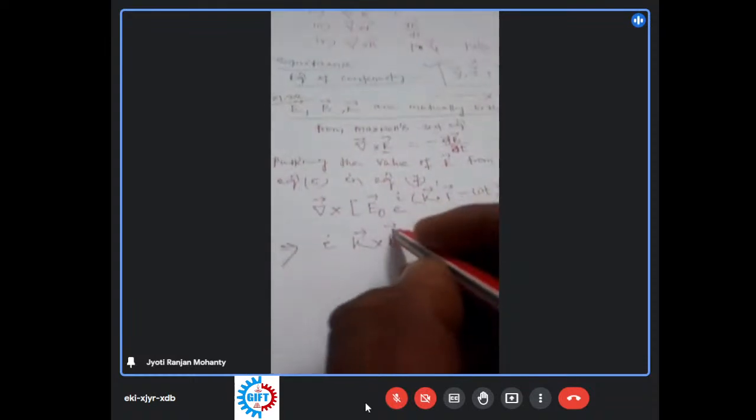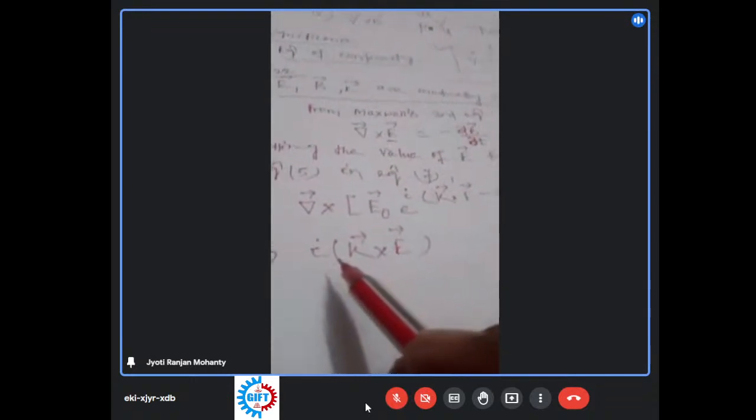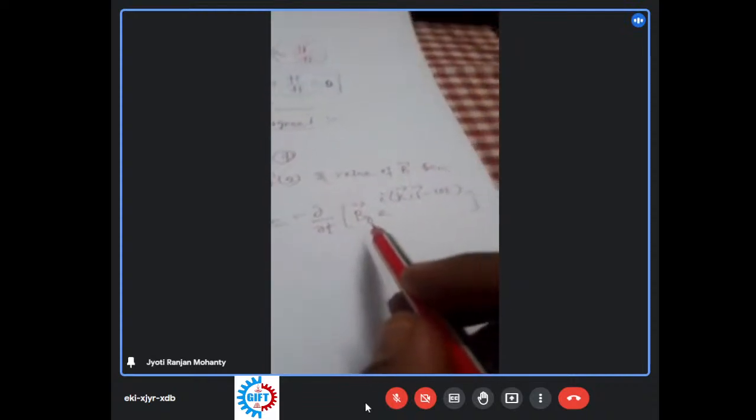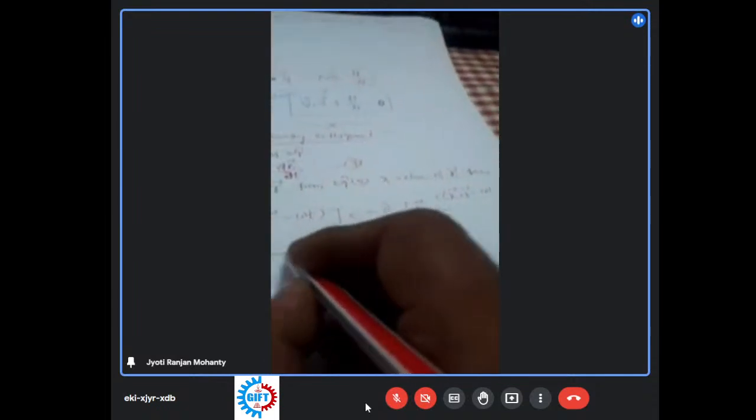Okay. Now look here. If you find del vector cross this, the solution is i k vector cross E vector. You know how to determine the curl. If you determine the curl, your answer will be i into k vector cross E vector. Now take the derivative: B0 is a constant outside.